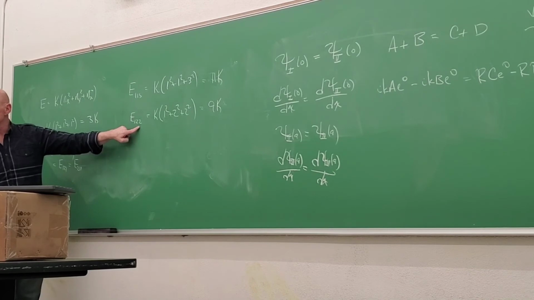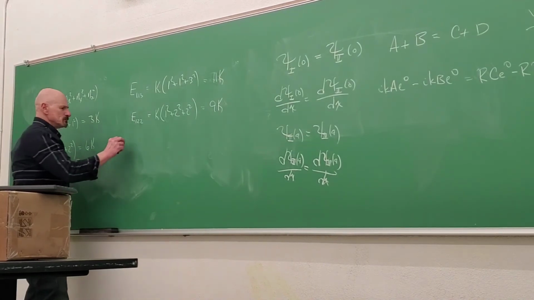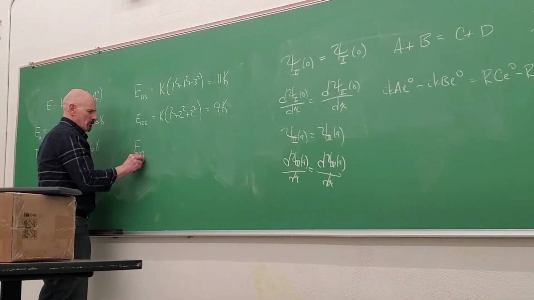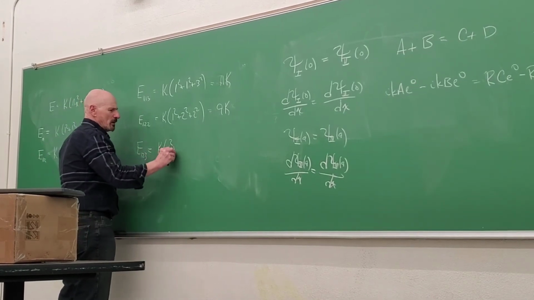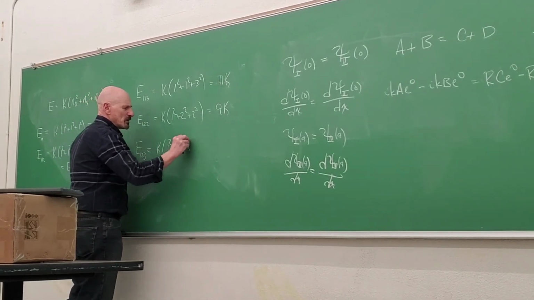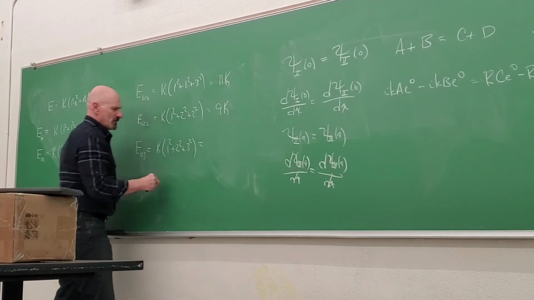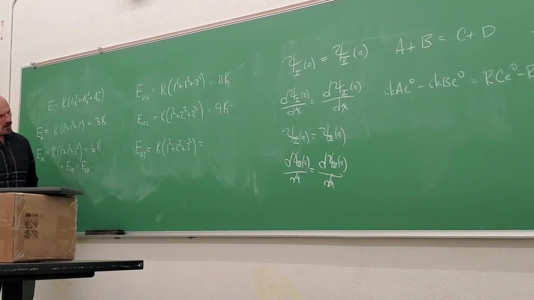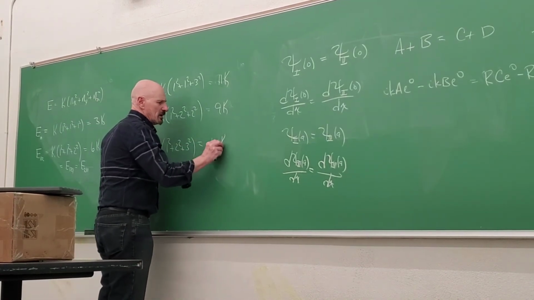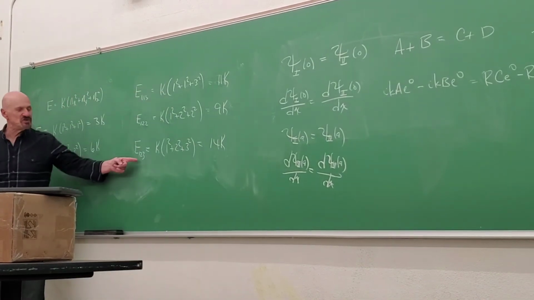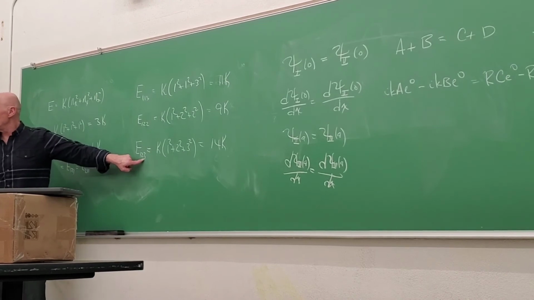But look at 1, 2, 3. 1, 2, 3 is K times 1 squared plus 2 squared plus 3 squared. So this is 1 plus 4 plus 9, so I get 14K. What is the degeneracy of that energy state?